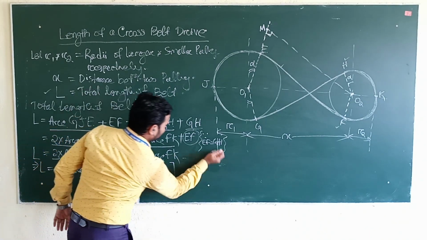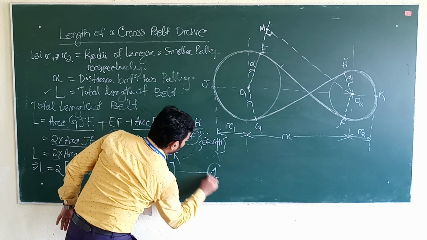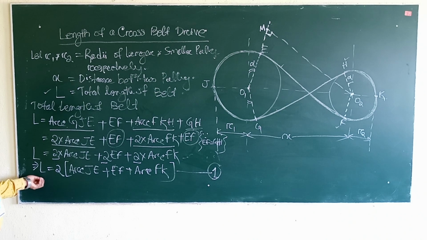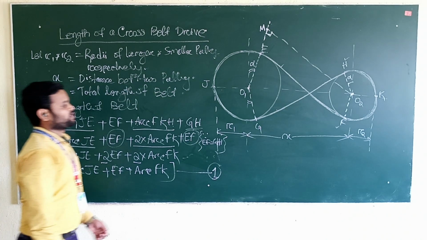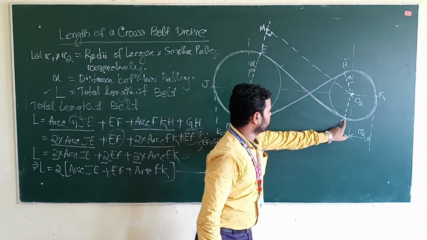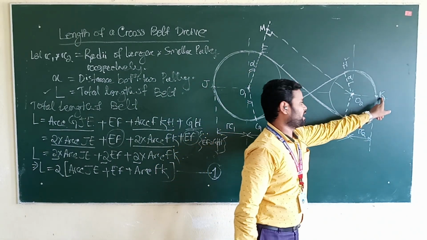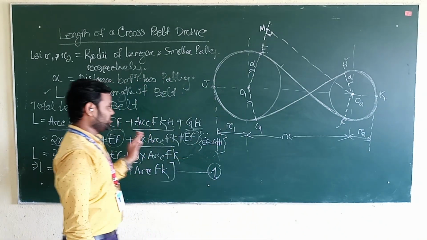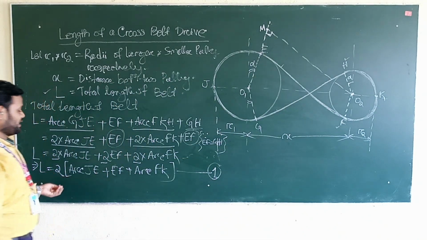What is equation 1? Total length of the cross belt drive L equals twice arc JE plus twice EF plus twice FK. This is the half, and if you multiply by 2, it completes the length of the belt. Make a note of this.